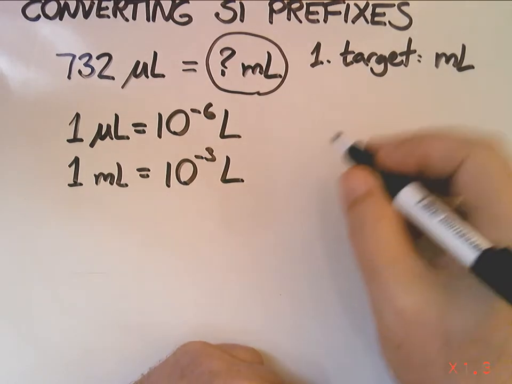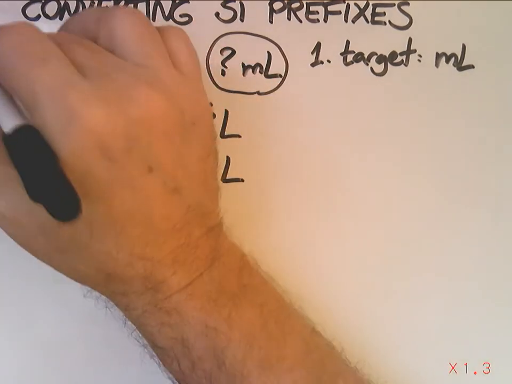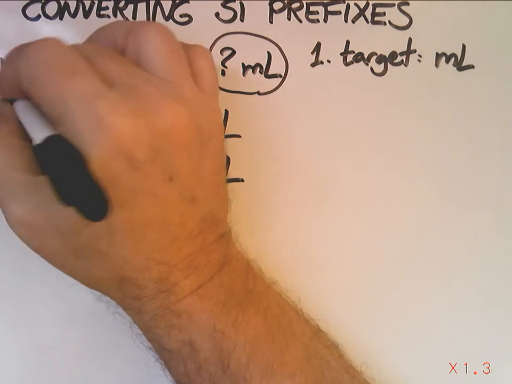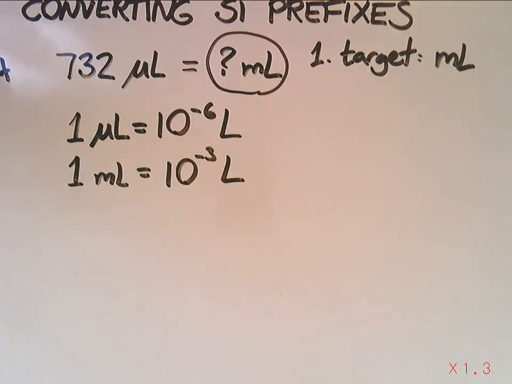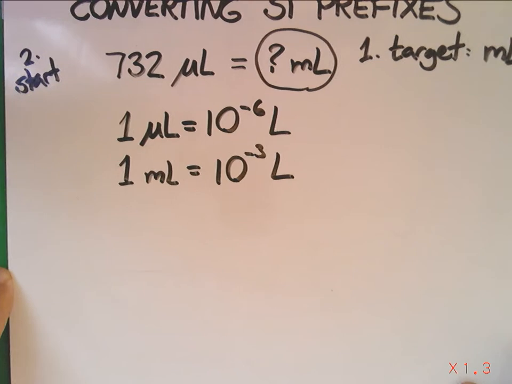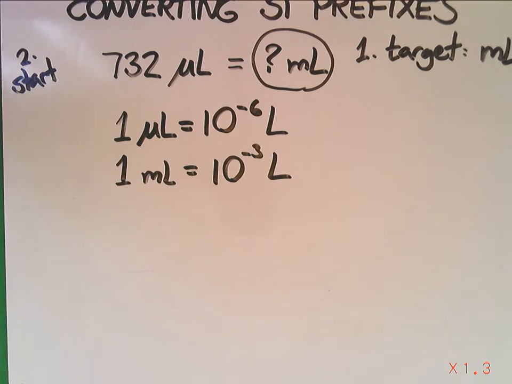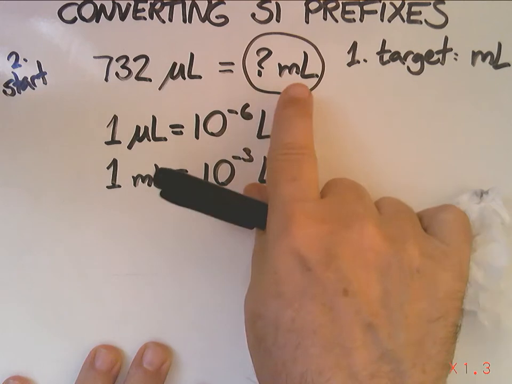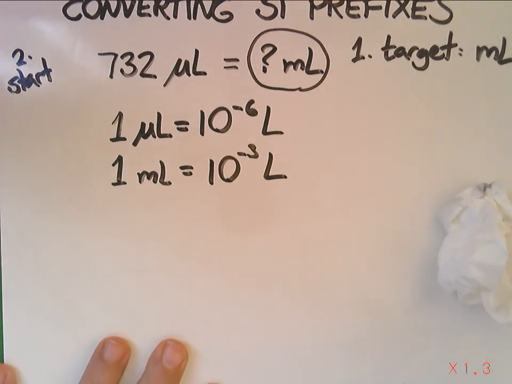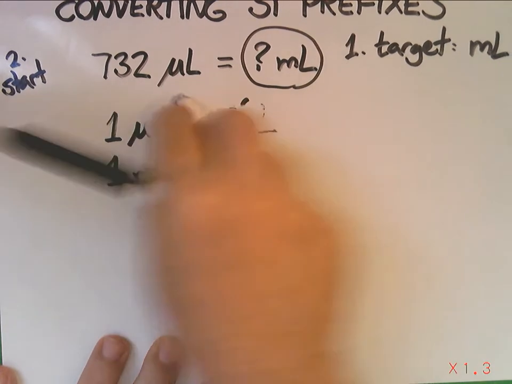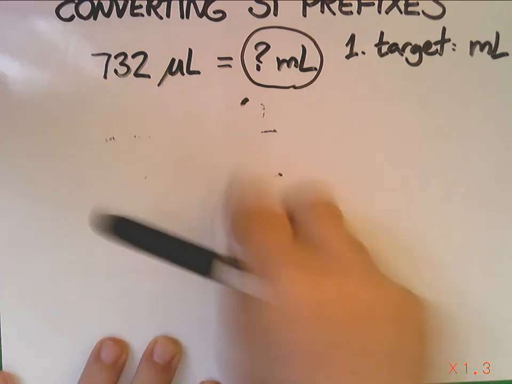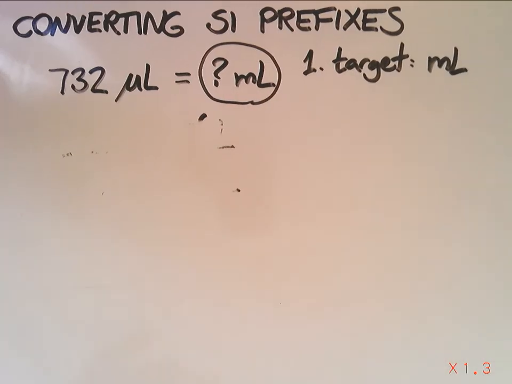The second thing I do is write down what I'm starting with. 732 microliters. So what I'm trying to do here is connect 732 microliters with my target, which is in milliliters. I'm going to write a roadmap down.